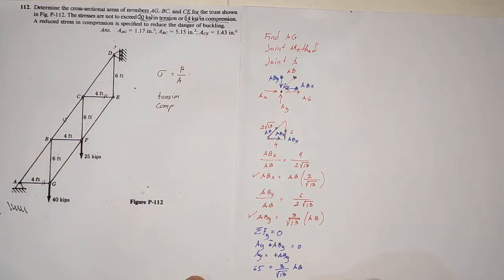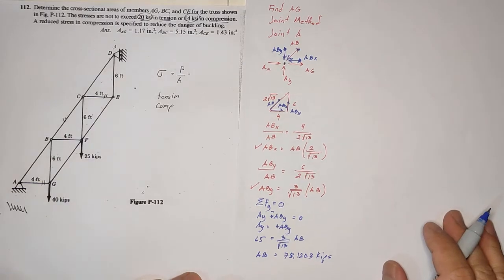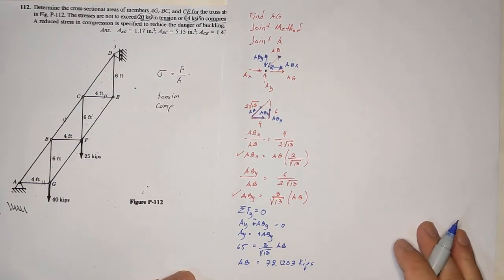Now, AB, from this one, you now have 78.1203 kips. So, that is AB. Now, let's continue.